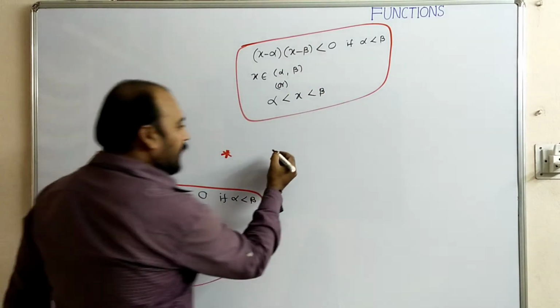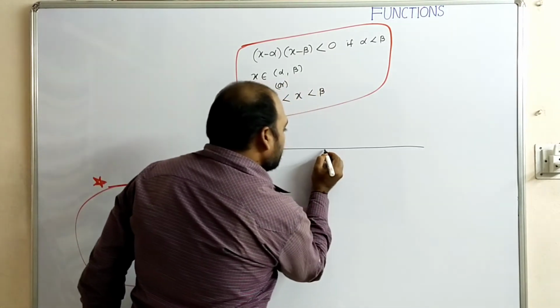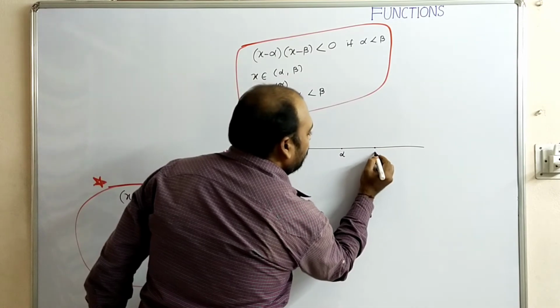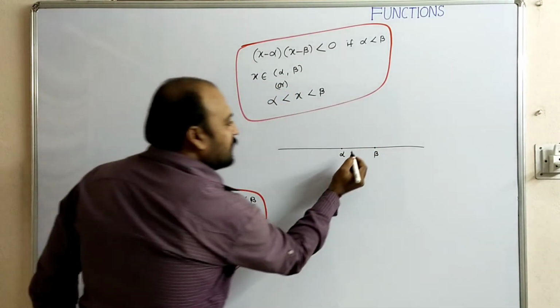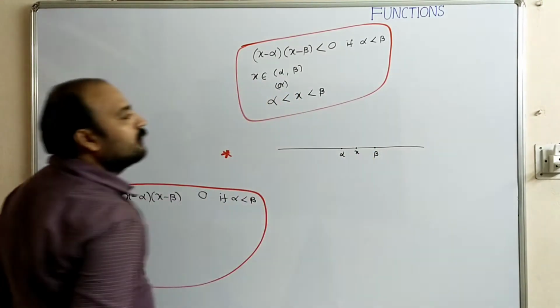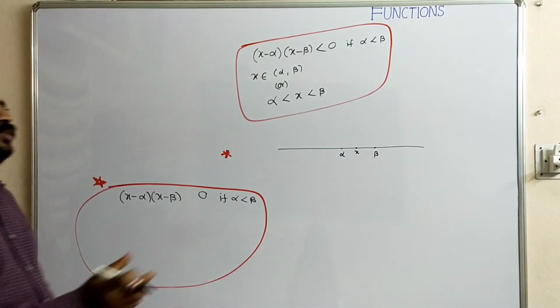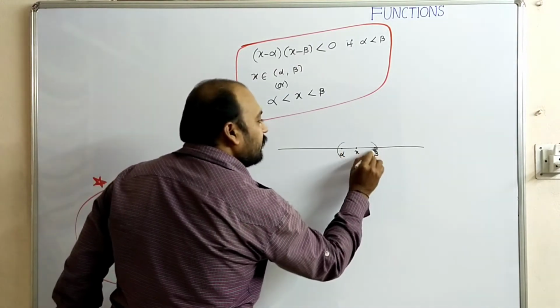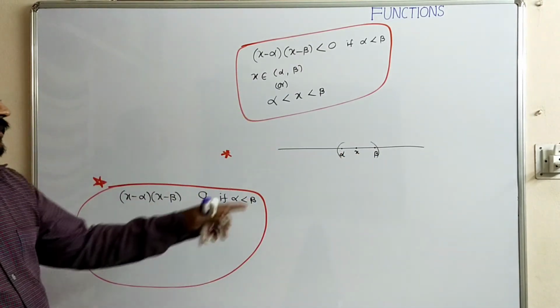In the real number line we can draw like this. This is alpha, this is beta. The value of x will be here. X lies between alpha and beta. In between alpha and beta, the value will be there.